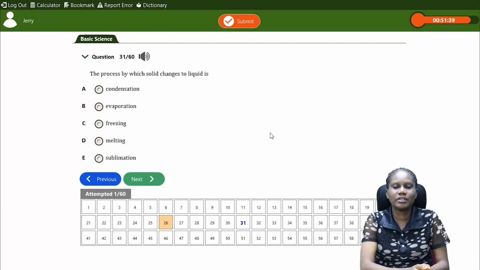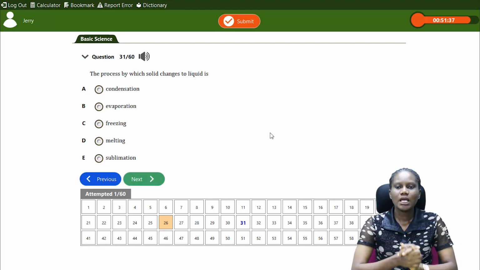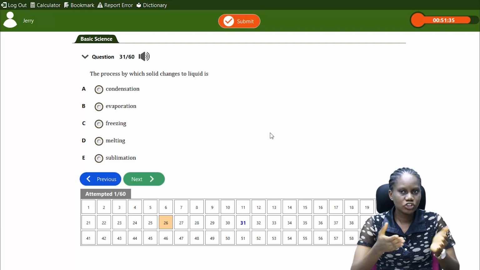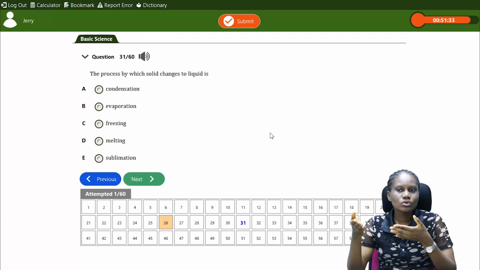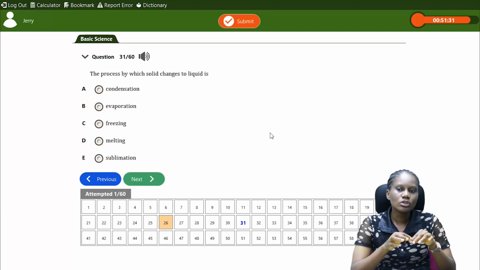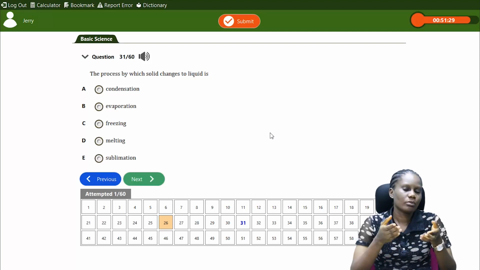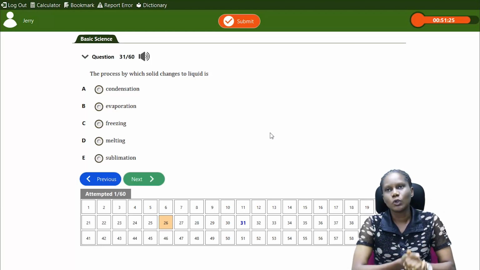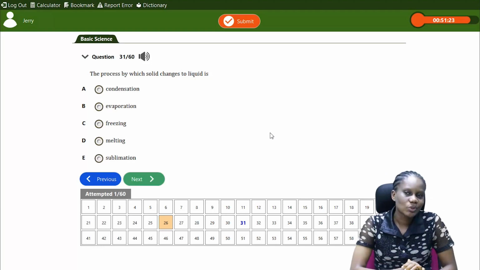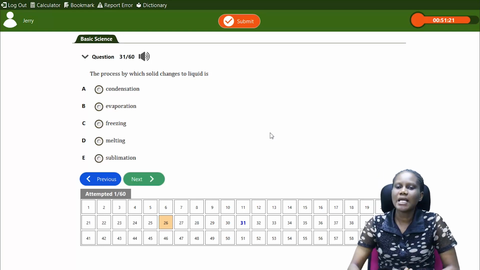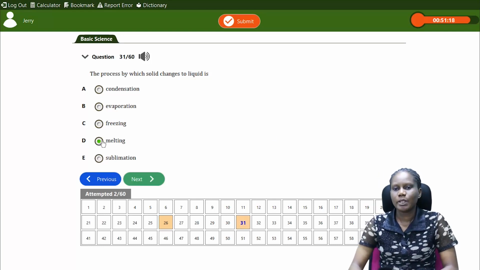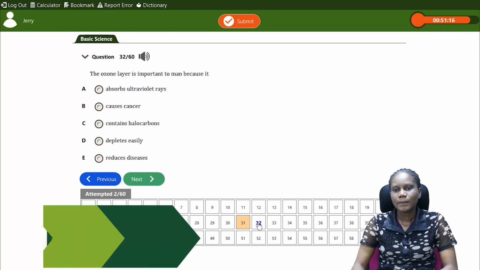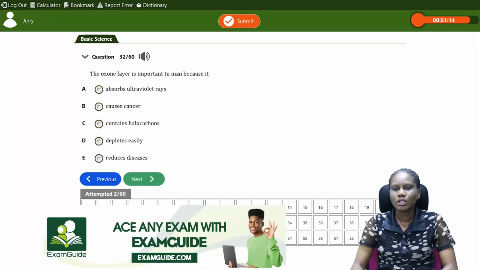And I have D, melting. Let's check: solid changes to liquid, is it melting? True. And E, sublimation: it's definitely not sublimation, because sublimation occurs when your solid changes to gas. So the answer is D, melting. Let's check for another question.